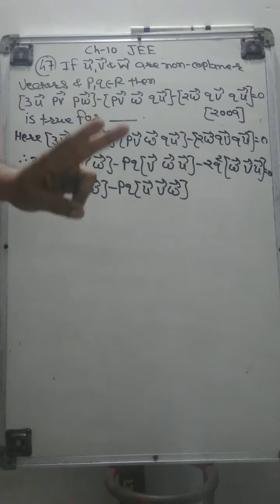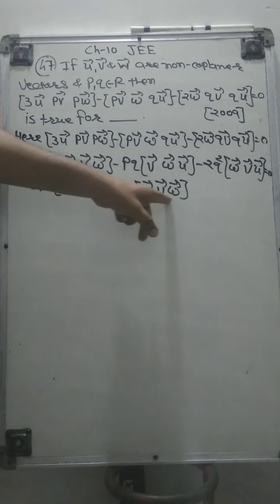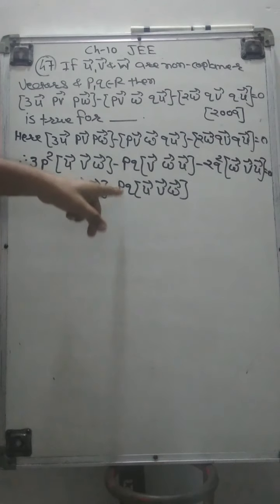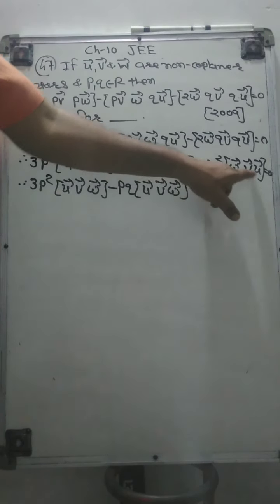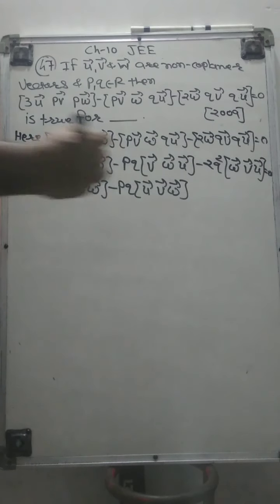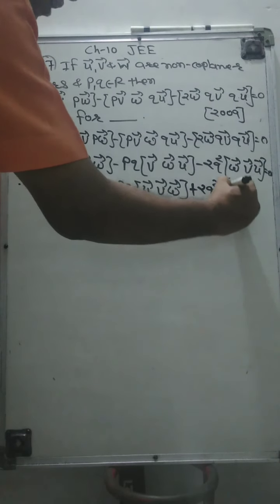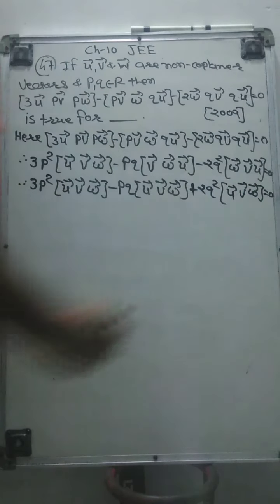Means here two times if we interchange these rows, then we get this answer, so ultimately no change in sign. Now here only one time we interchange U bar and W bar, then only one change is there, so it becomes positive: 2q square [U bar, V bar, W bar] is equal to 0.